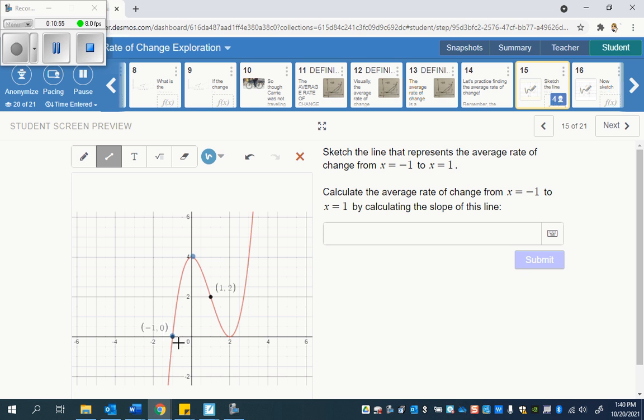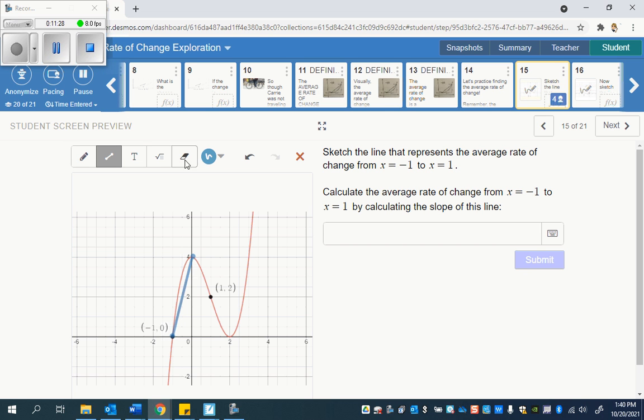So when I'm finding my average rate of change, I am finding the slope of that blue line. Everyone okay with that? So my change in my y's is 4 minus 0, that's 4. My change in my x's is 1 minus -1, which is going to be 2. So my slope or average rate of change would be 2.